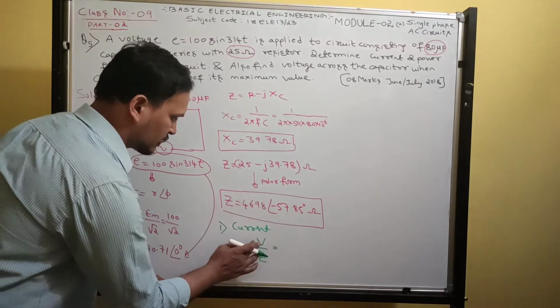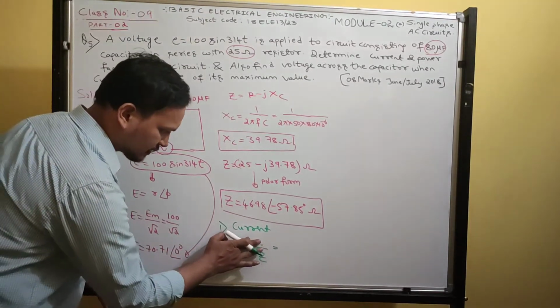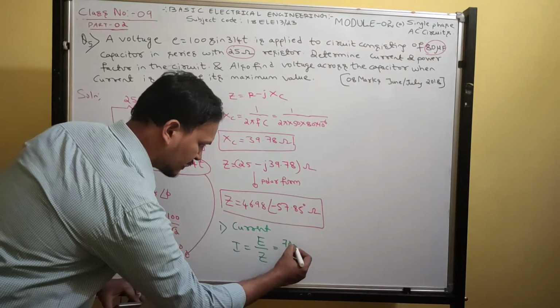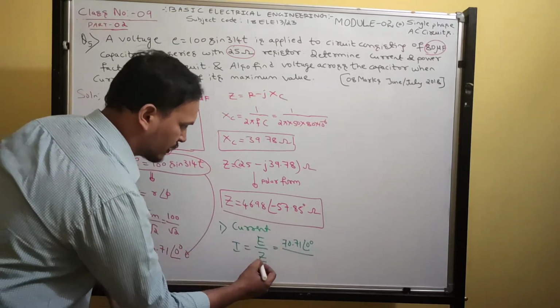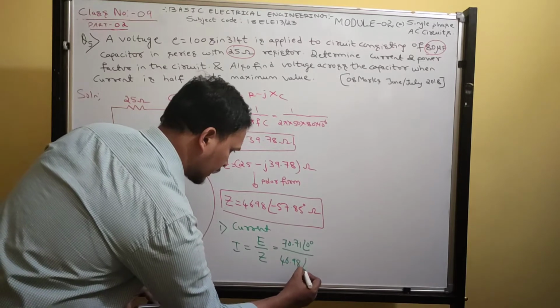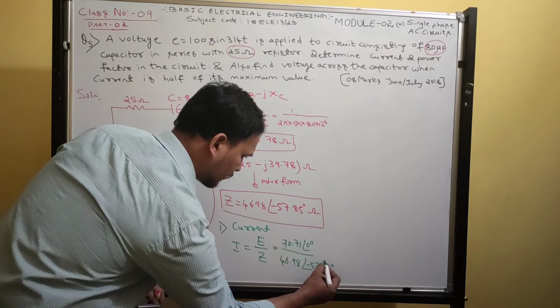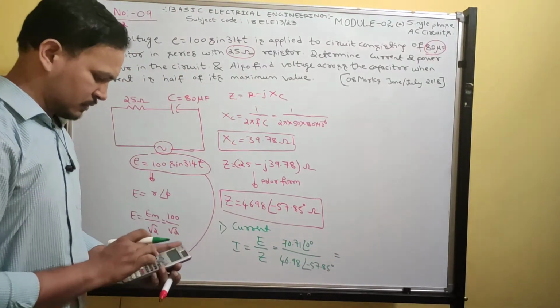For voltage they gave the symbol E, so I am modifying this and writing capital E. The voltage is 70.71 at an angle of 0 degree, divided by the impedance 46.98 at an angle of minus 57.85 degrees. Please calculate the current by using that equation.